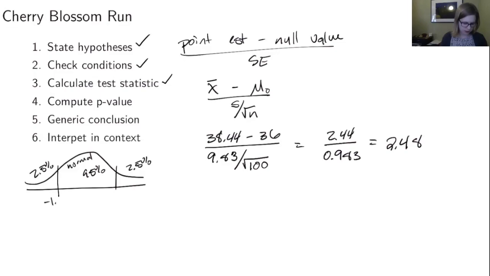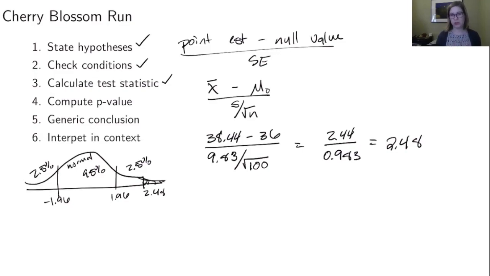Then this would be negative 1.96 and 1.96. My test statistic, 2.48, would be out here in the tail. So it would have a small p-value, and I would probably reject the null.